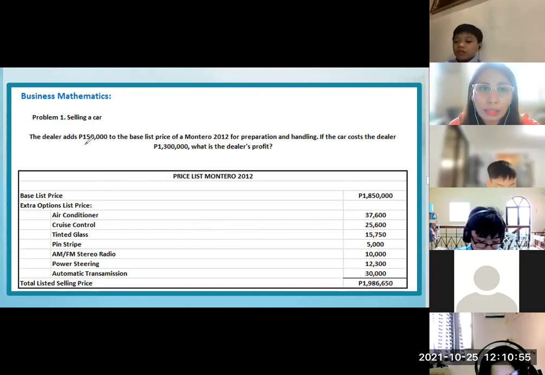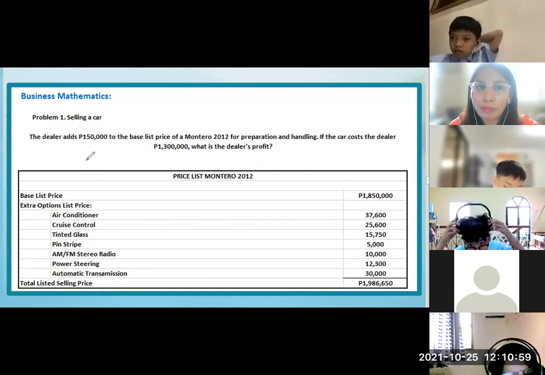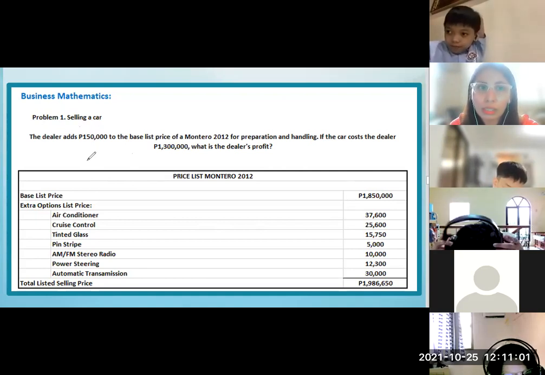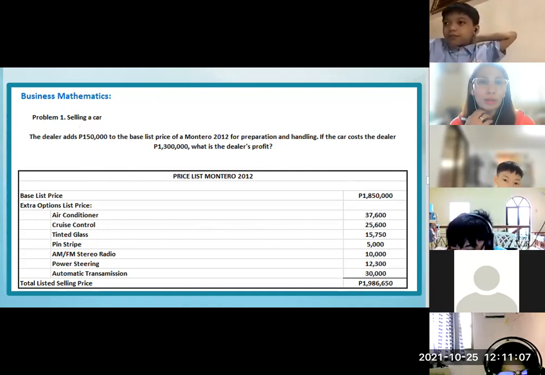Okay. So the dealer adds 150,000 pesos to the base list price of Montero 2012.